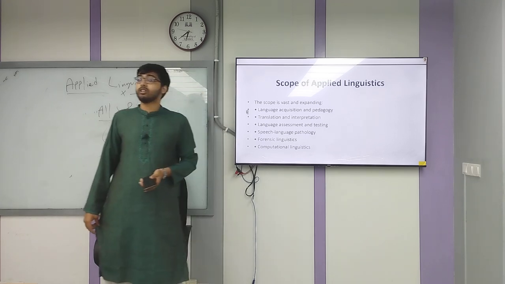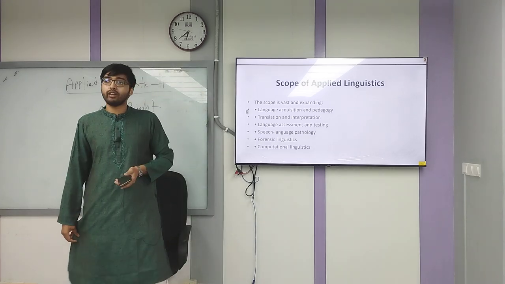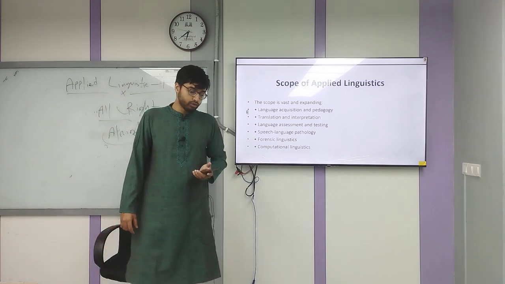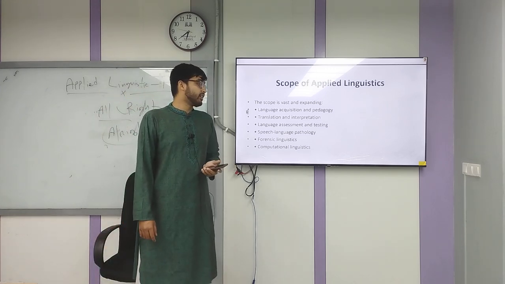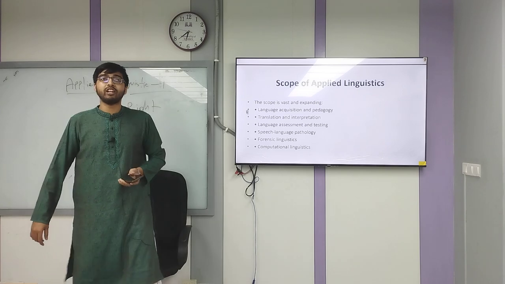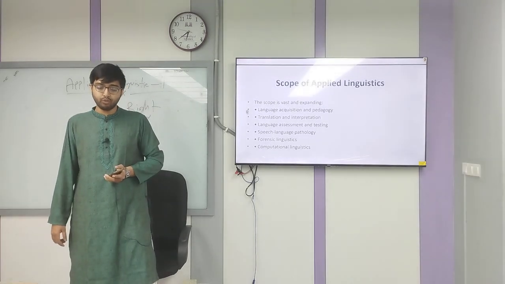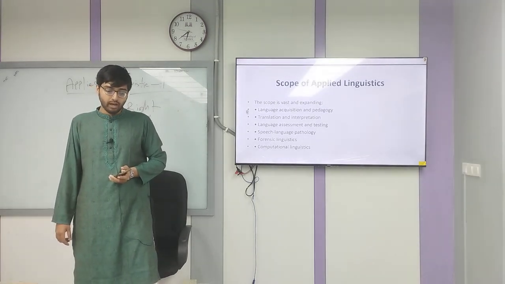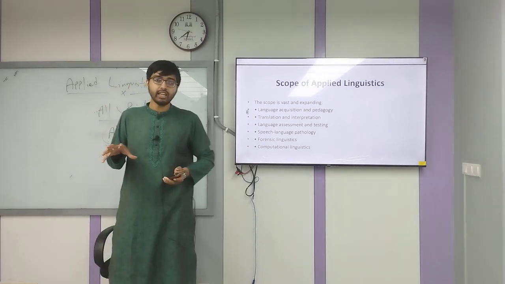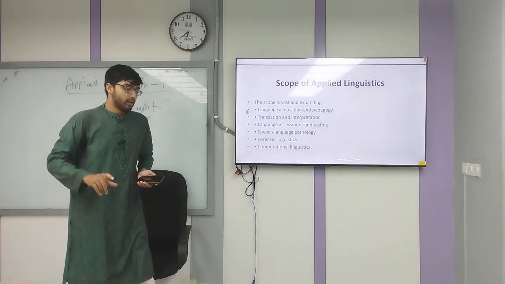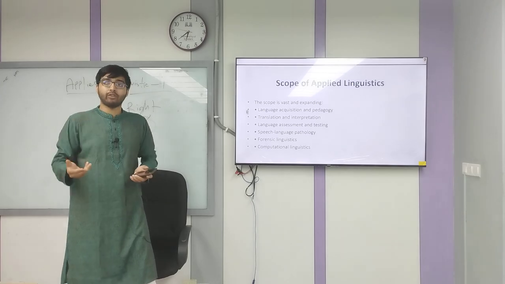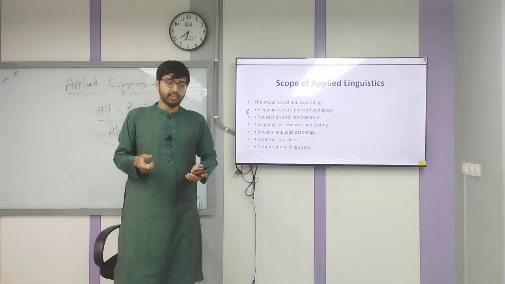Then translation and interpretation. Applied linguistics also has scope, that means area of work. Translation and interpretation. While translating, we have to be very keen so that the applied form of language should not be violated.